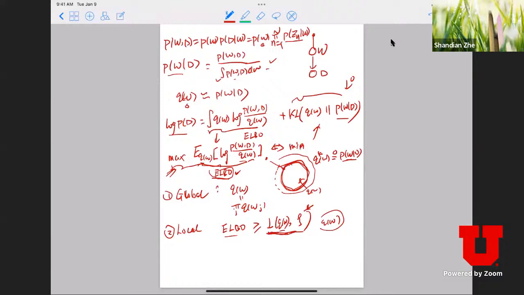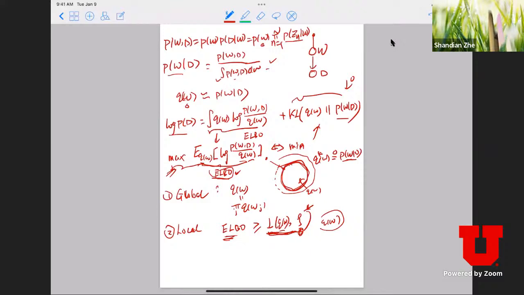But there's still a price, right? Because you're not maximizing the ELBO. You're switching your objective to an easy form, at the cost that you add an additional set of parameters C. And then you need to also optimize C to make your lower bound as tight as possible.